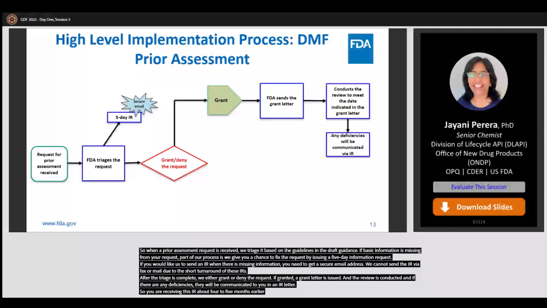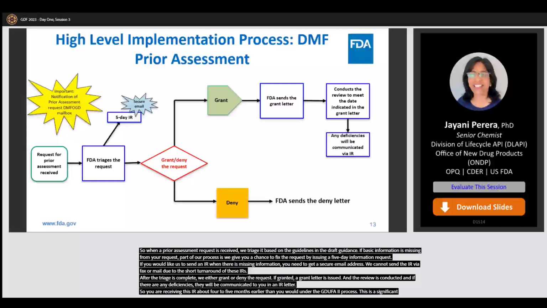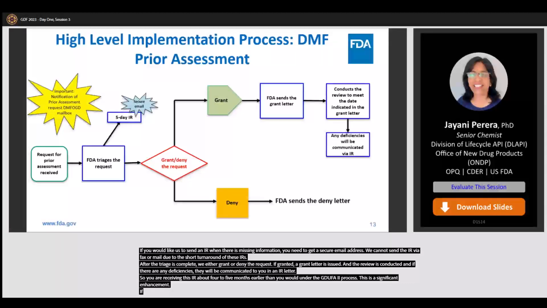So this is a significant enhancement. If denied, a deny letter is issued. Similar to the solicited off-cycle process, a notification to the DMF OGD mailbox when you submit your prior assessment request is very important, since this notification ensures timely processing.